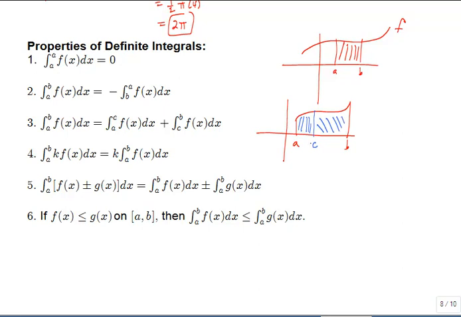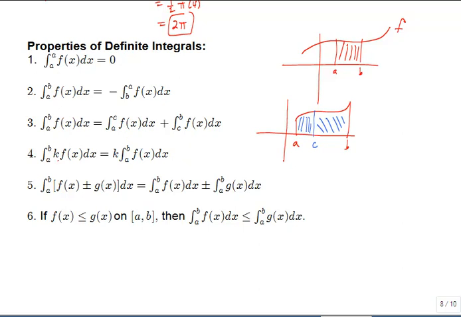So we just pick this point c in between a and b, and we can chop up that full area into two smaller pieces. And if we add those two smaller pieces together, we'll still get the full area. So that's what this property 3 is saying.